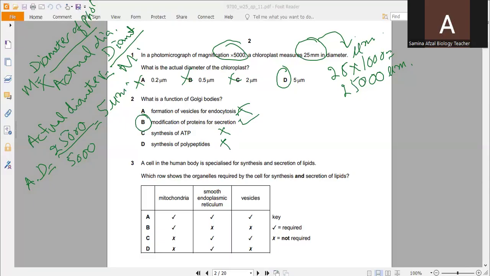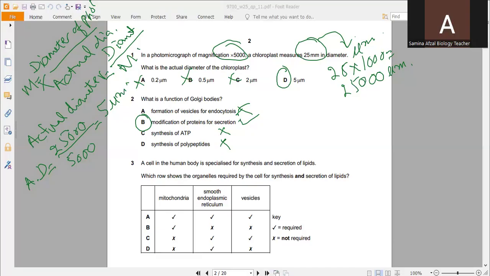Now question number 3 is here. A cell in the human body is specialized for synthesis and secretion of lipids. Which row shows the organelles required by the cell for synthesis and secretion of lipids? So first of all, they have mitochondria.